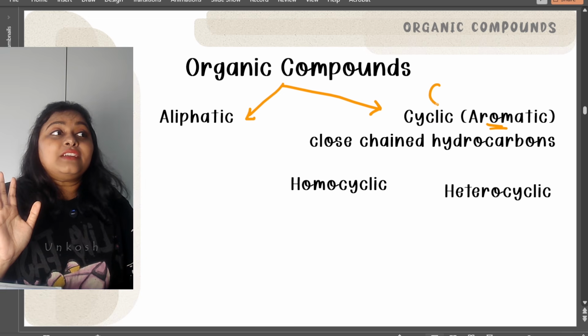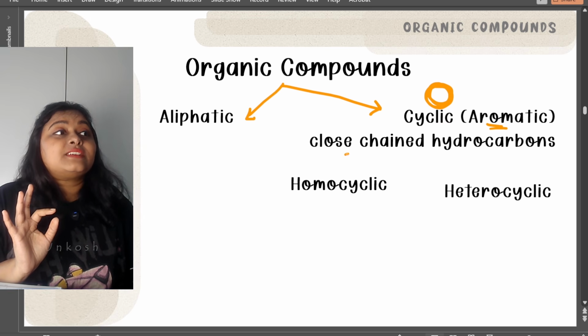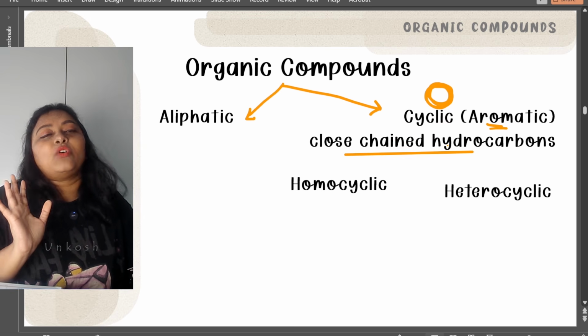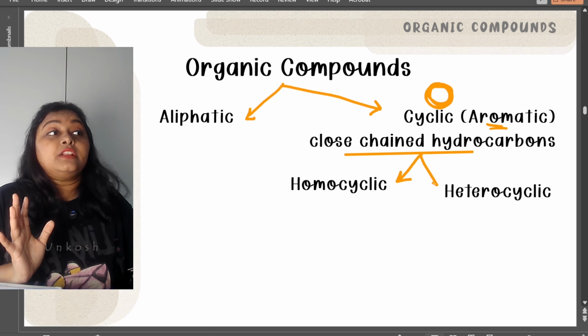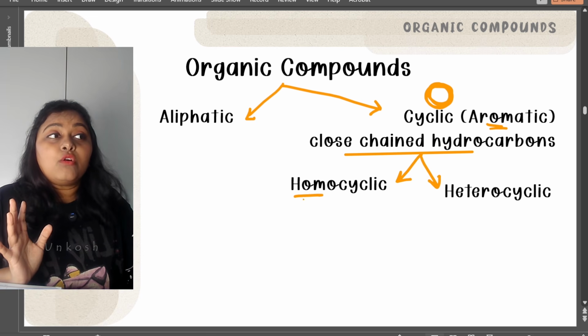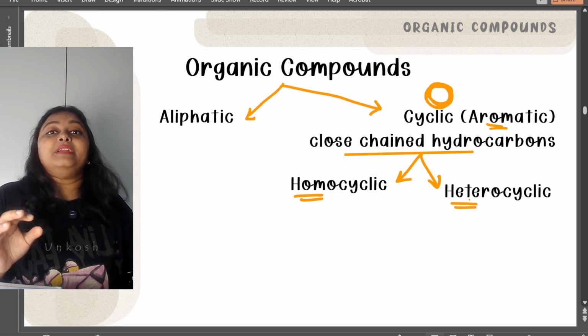Now, cyclic we know are having the tendency to form closed chains. So, closed chain hydrocarbons will be called cyclic organic compounds, and they are of two types: homocyclic, homo meaning same, or heterocyclic, hetero meaning different.